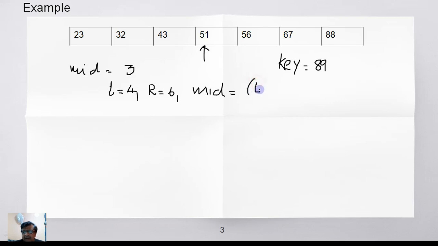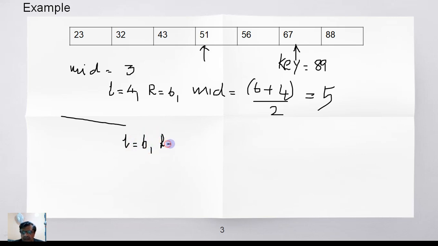It is 6 plus 4 divided by 2 equal to 5. So this is 3, 4, 5. So mid is over here. Again A of mid is not equal to key. Therefore once again the left extremity will be shifted to 5 plus 1, that is mid plus 1. It becomes 6, and R remains to be 6.